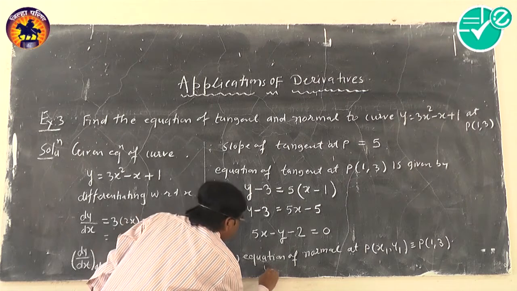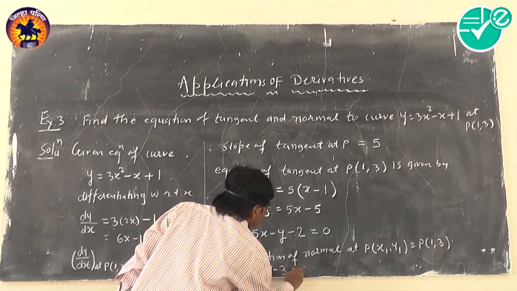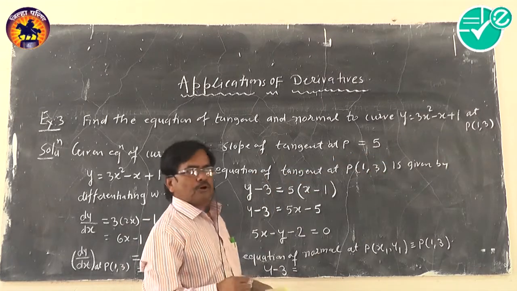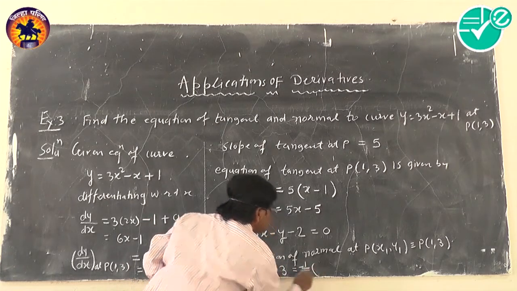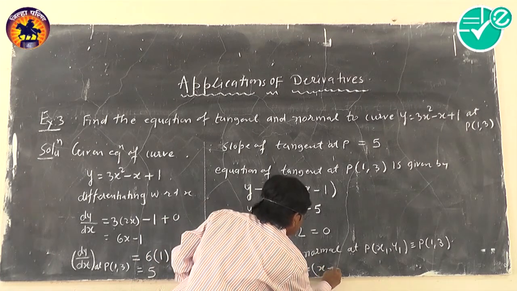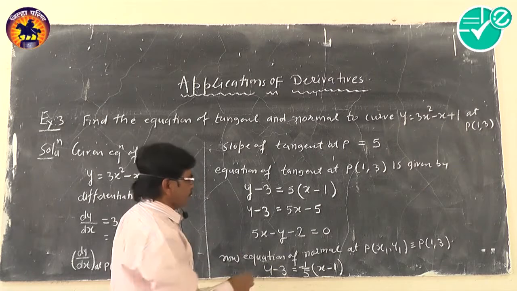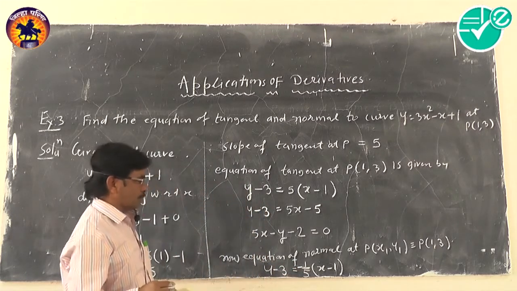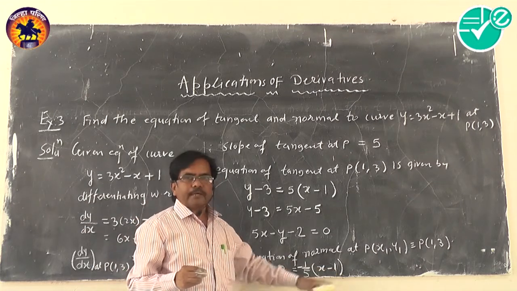Therefore, y minus 3, y minus the y coordinate, is equal to the slope of normal. The slope of tangent is 5, then the slope of normal is minus 1 upon 5. That is minus 1 upon 5 into x minus the x coordinate, that is 1, using slope point form. y minus 3 is equal to minus 1 upon 5 into x minus 1.